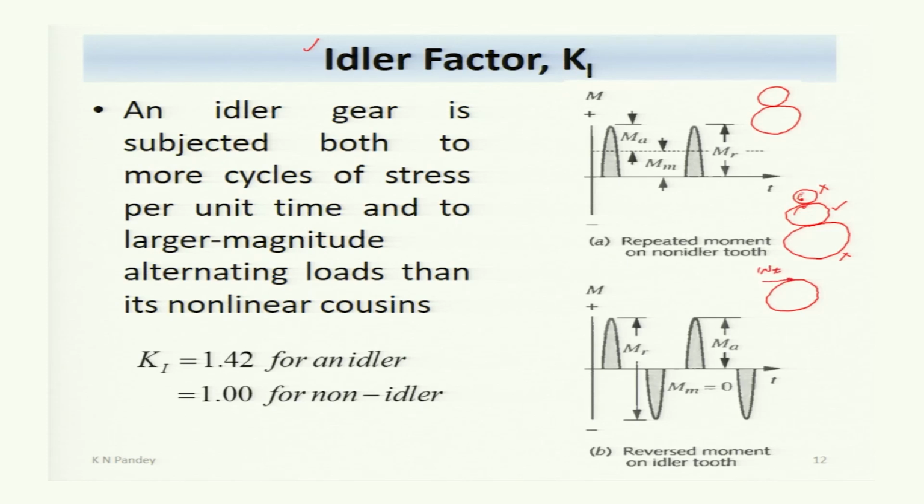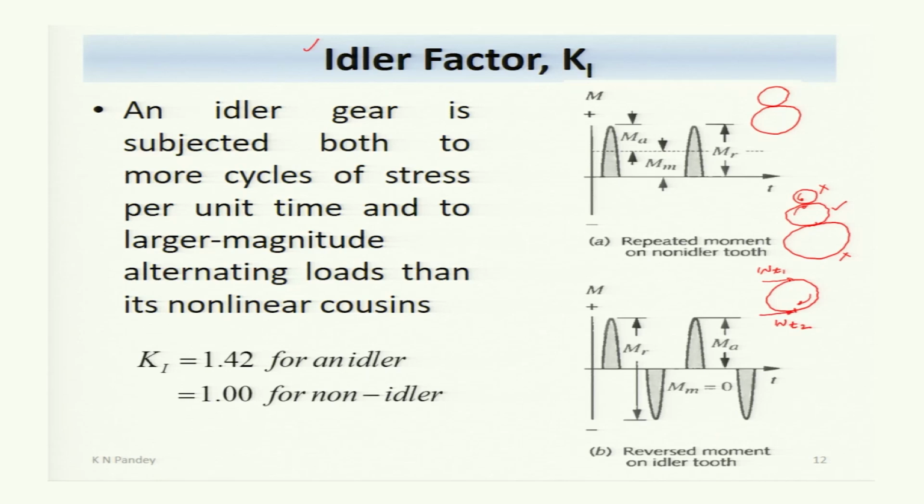Wt, you may say Wt1. Now when you see this idler and gear, the idler will become the driving gear and this will become the driven gear. So at this location, the transmitted load will act opposite to the direction of rotation of the driving gear, and the driving gear is the idler, it is rotating in this way. So here the transmitted load will be Wt2.